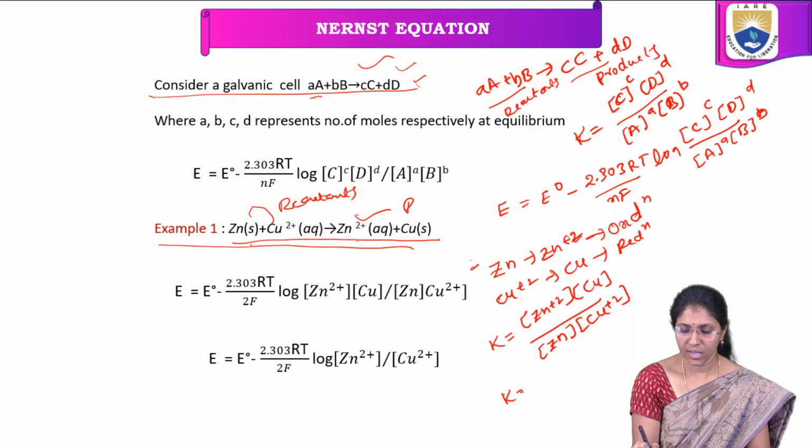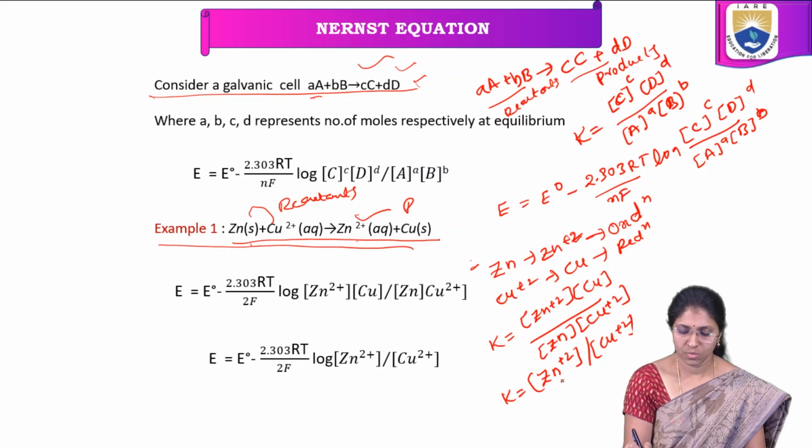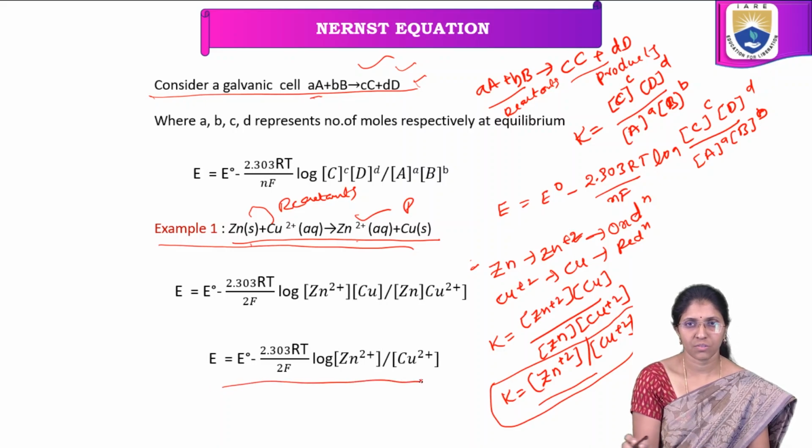So K equals concentration of zinc plus 2 by concentration of copper plus 2. By substituting this K value in the Nernst equation, we get E equals E naught minus 2.303 RT by 2F log zinc plus 2 by concentration of copper plus 2.